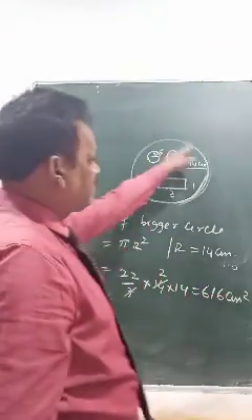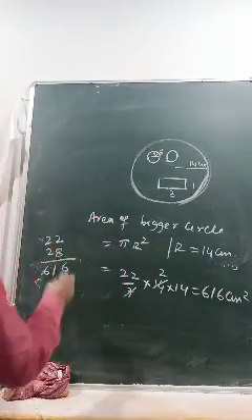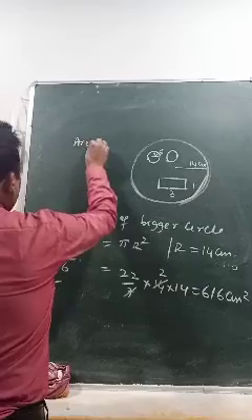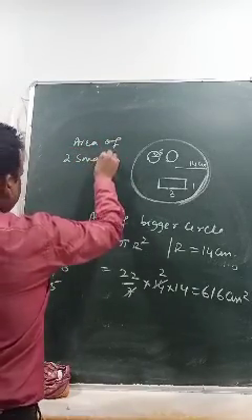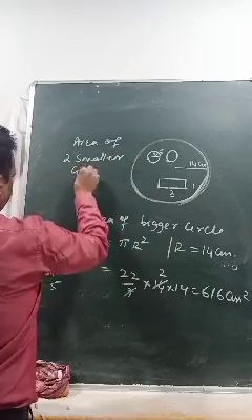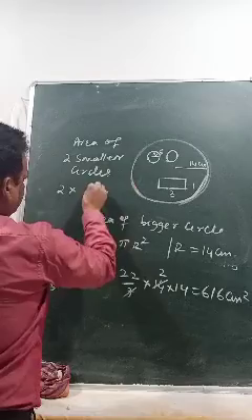This is total now. What you have to remove? Two small circles. Area of two smaller circles means 2 into pi r square.